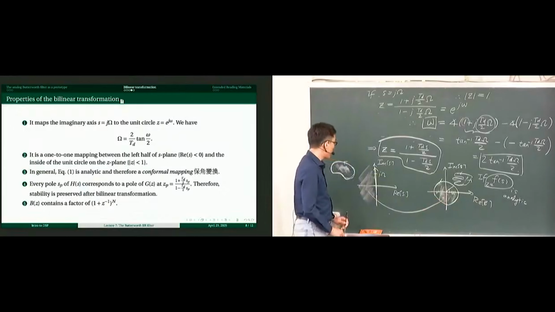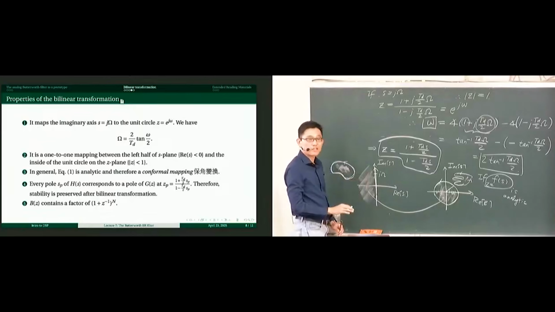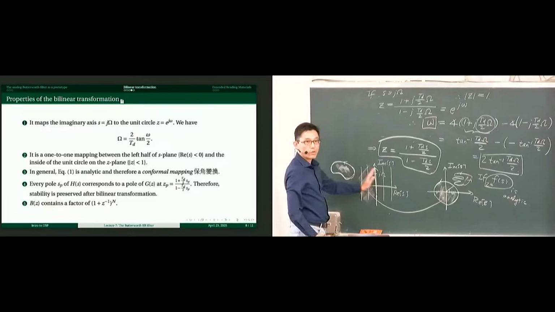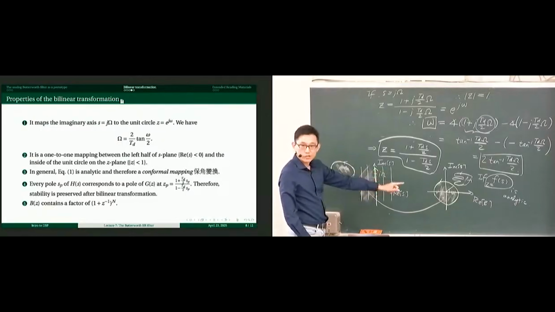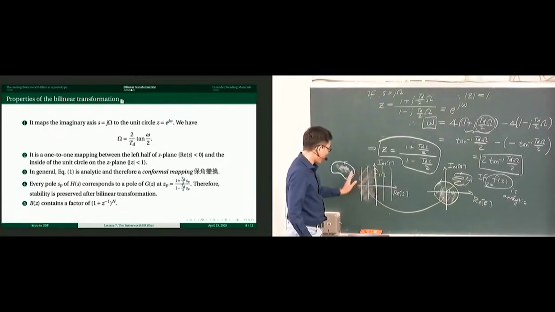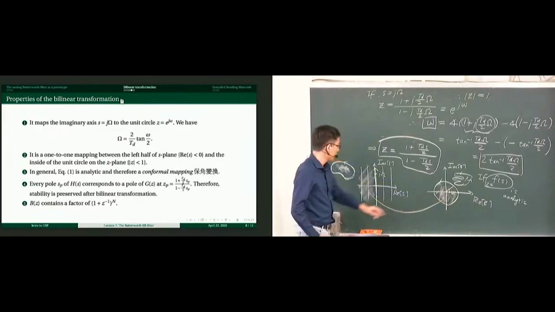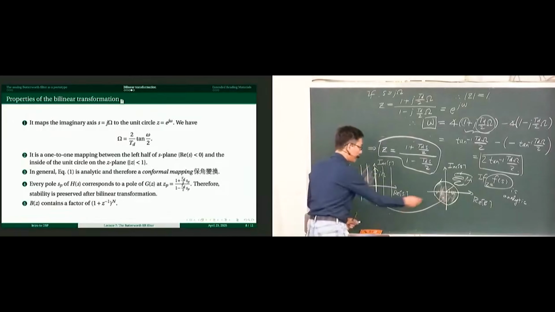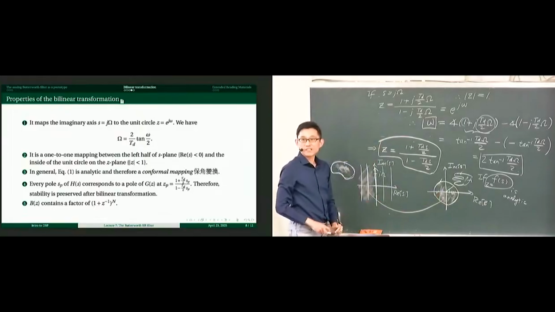But how about all the straight lines, such as all the lines parallel to the imaginary axis, to the left or to the right? Turns out all the straight lines will be mapped to a circle. And left-hand side is mapped to left-hand side. So all these straight lines are going to be mapped to smaller circles inside the unit circle.